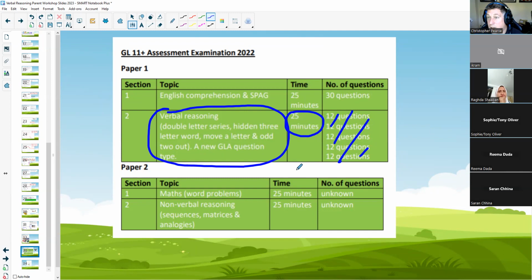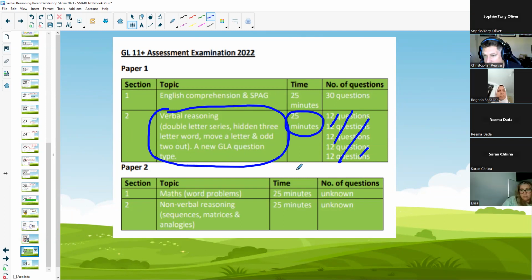I believe this year as well, there were balanced equations that appeared, so they are still drawing on those maths questions. But I will update this. This is something that we will send out to you once we've had a little bit of time to collate that information from this year.